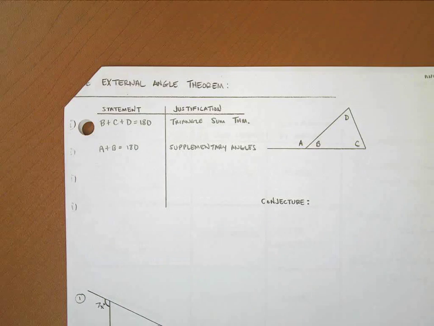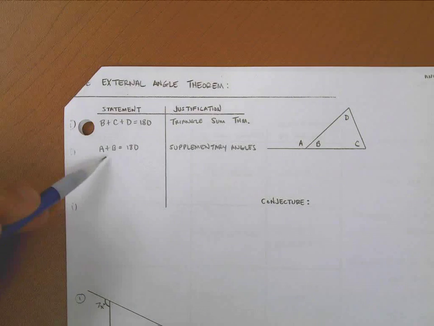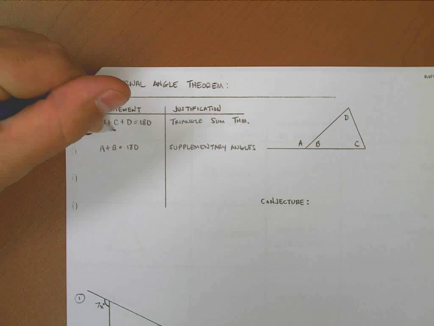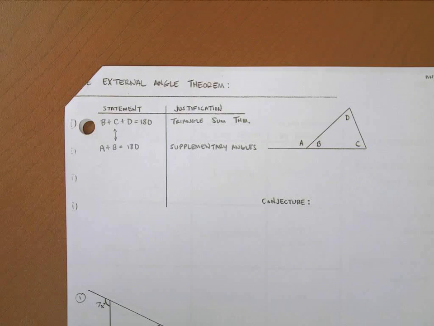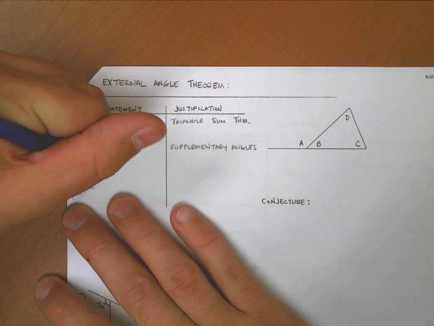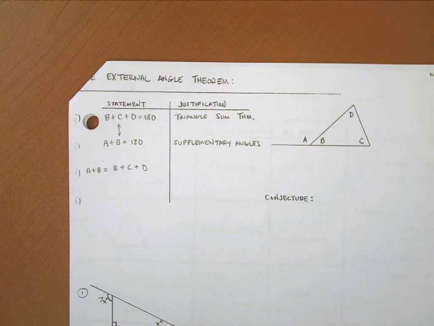Now comes the fun. If these three angles add up to 180 degrees, and these two add up to 180 degrees, then can't I conclude that these two, the left parts, are equal to each other as well? They both add up to 180, right? So let's set them equal to each other. Let's say that A plus B is the same thing as B plus C plus D. They're both 180 degrees.